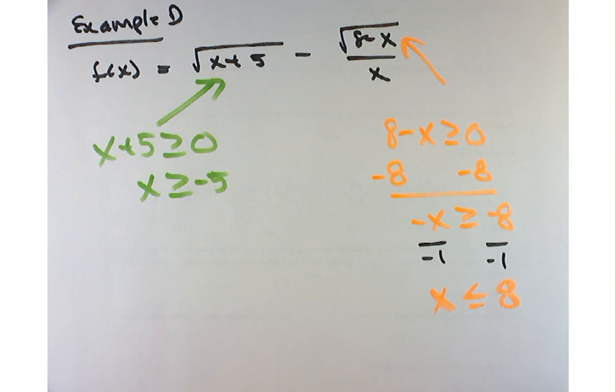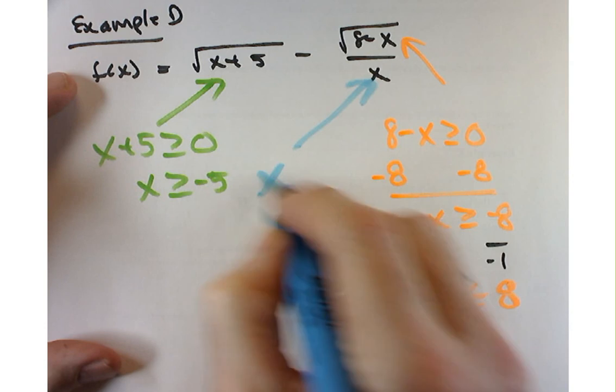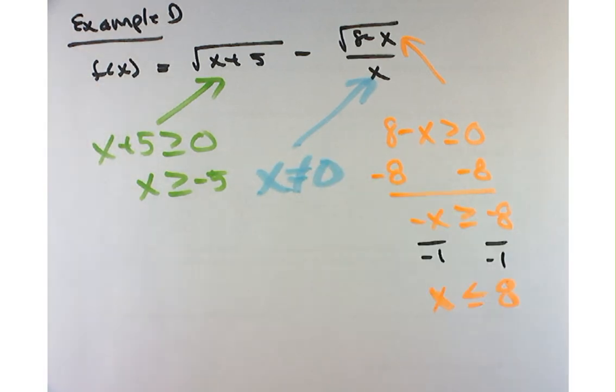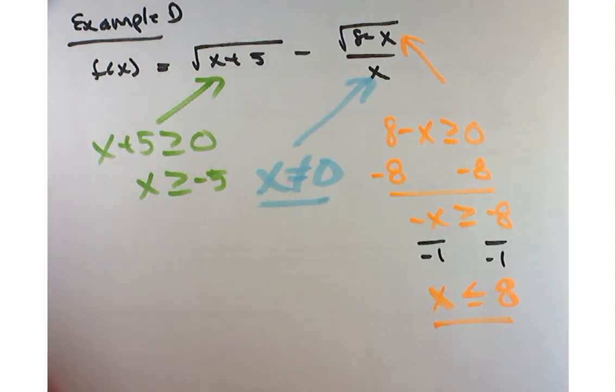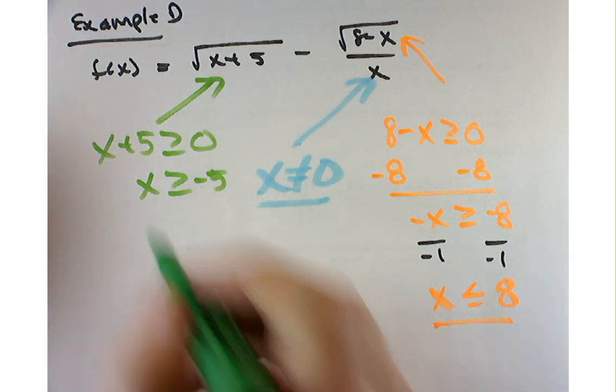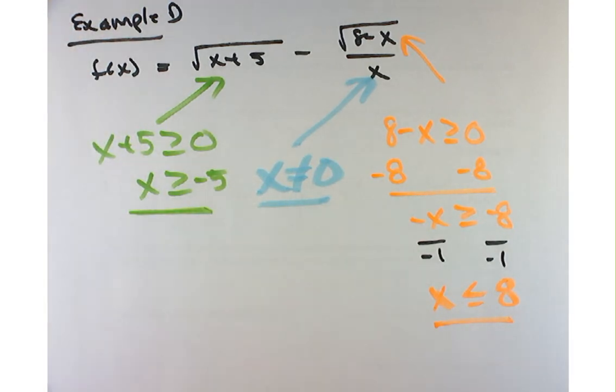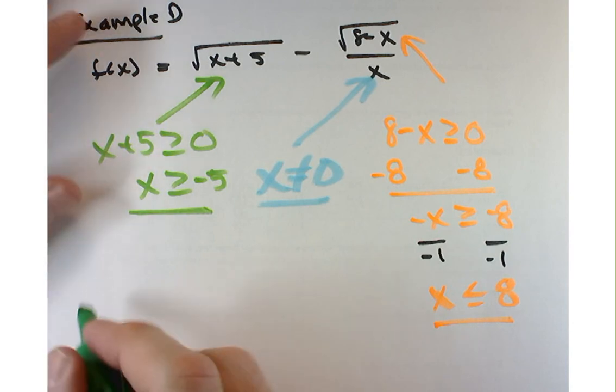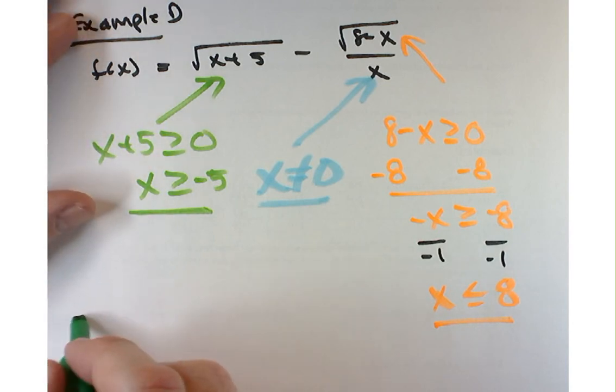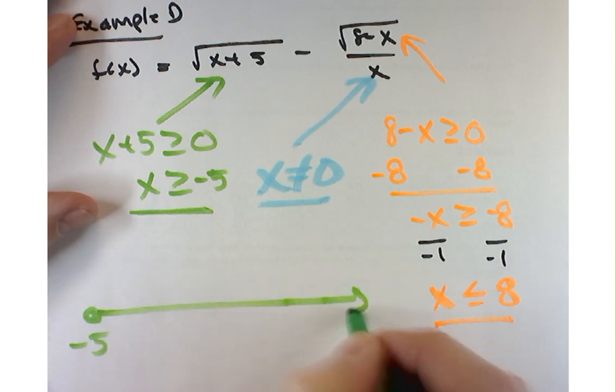And finally, there's one more little trap that we got to be worried about. x can't equal 0. So we got all three things we got to worry about. We want a restriction here and a restriction here. So let's graph each of these things and see where this overlaps. I want x greater than or equal to negative 5. So I'll put a little solid dot here at negative 5, and then an arrow to the right.